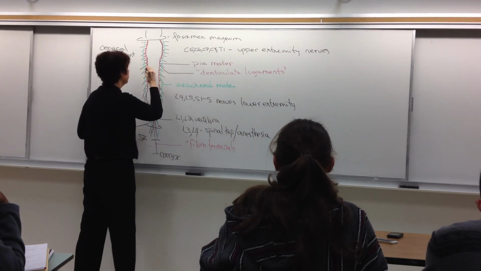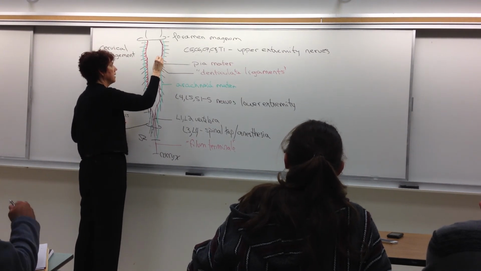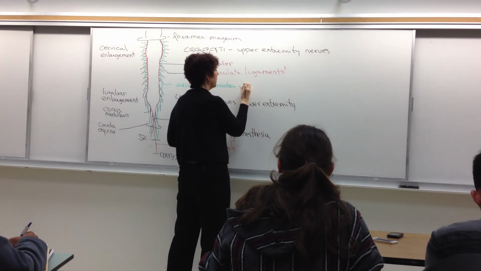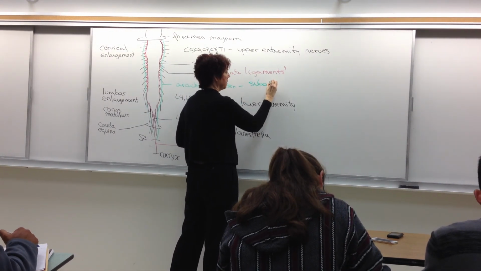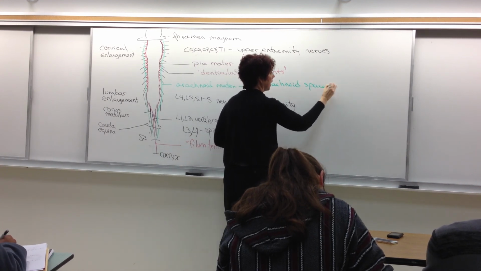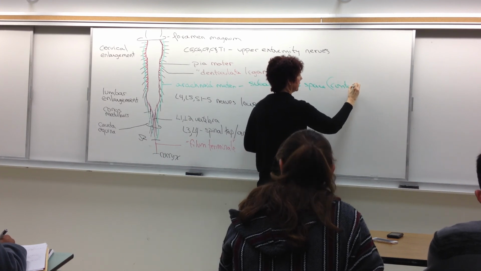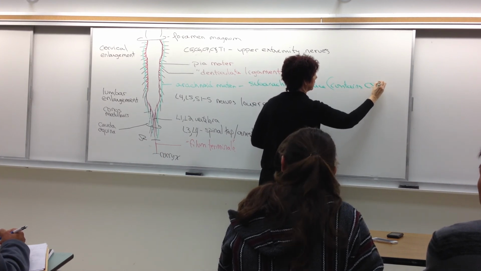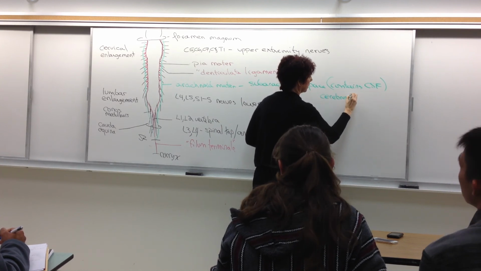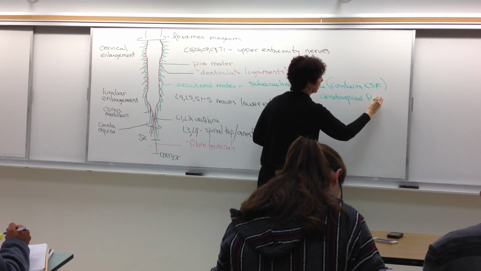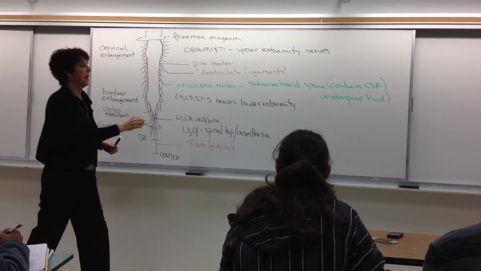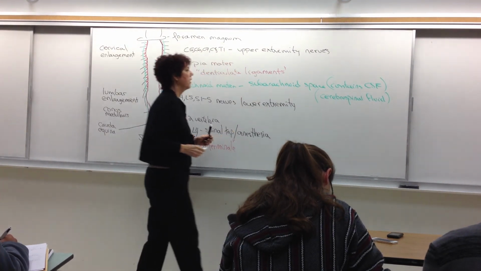Remember, it's called the arachnoid mater because it has these spidery filaments. Between the two, we have subarachnoid space between the pia mater. And this contains CSF, the cerebrospinal fluid. And we'll talk about the formation of that when we get to the ventricles.